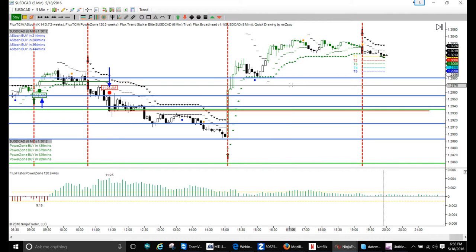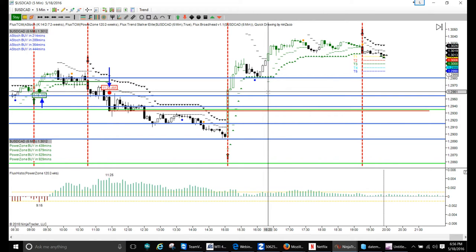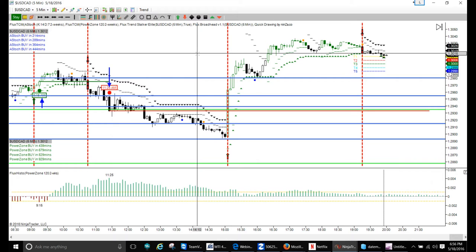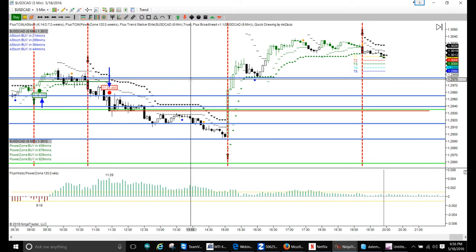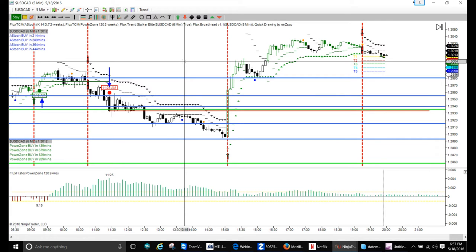All right, traders. So there's some insight on this flux power zone with the trend stalker and the power zone. The bigger histogram, you can look into the future 7 days in advance to set up the trades that you want to look at.